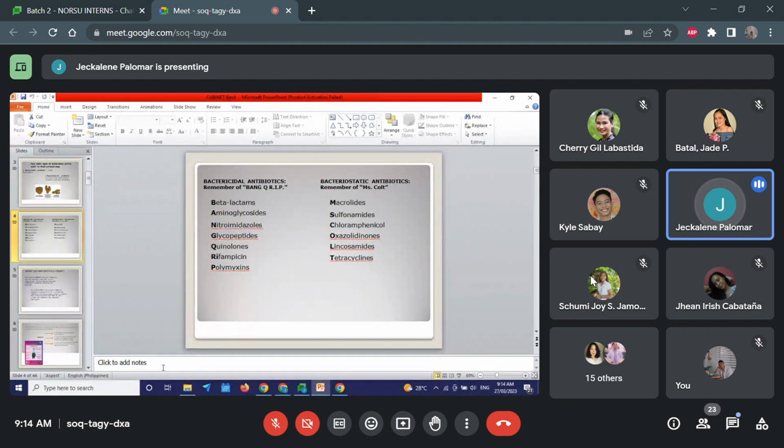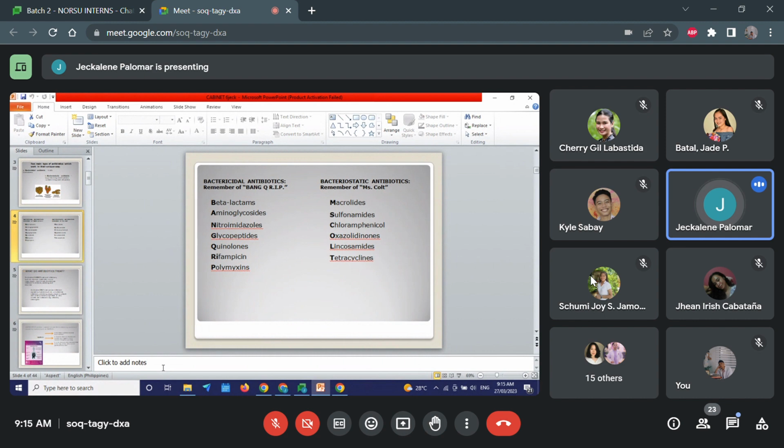For aminoglycosides, amikacin. For nitroimidazoles, metronidazole. For glycopeptides, vancomycin. For quinolones, ciprofloxacin.